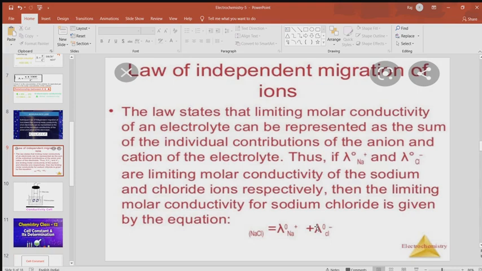Cations and anions contribute to molar conductivity of electrolytes at zero concentration. It is called Kohlrausch's law. Then the molar conductivity at zero concentration is the sum of the molar conductivities of cations and anions at zero concentration.